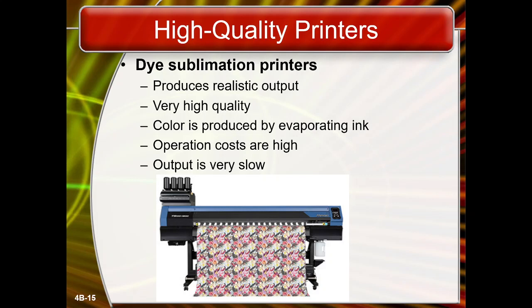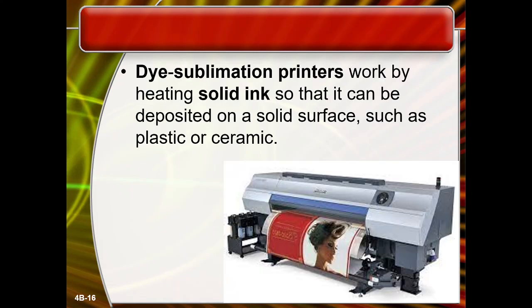Operation cost is also high and output is very slow. They work by heating solid ink so that it can be deposited on a solid surface such as plastic or ceramics. So these are multi-purpose printers. You can use them for cloth, for ceramics, and so on.